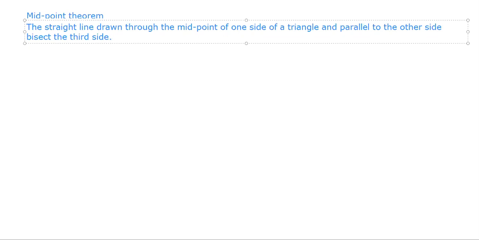It means the straight line drawn through the midpoint of one side of the triangle and parallel to the other side bisects the third side.